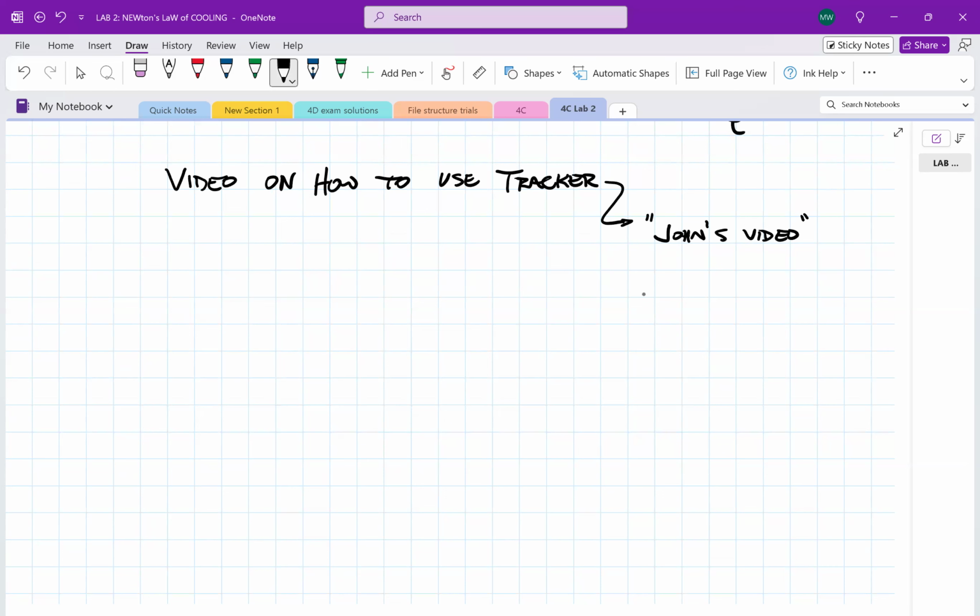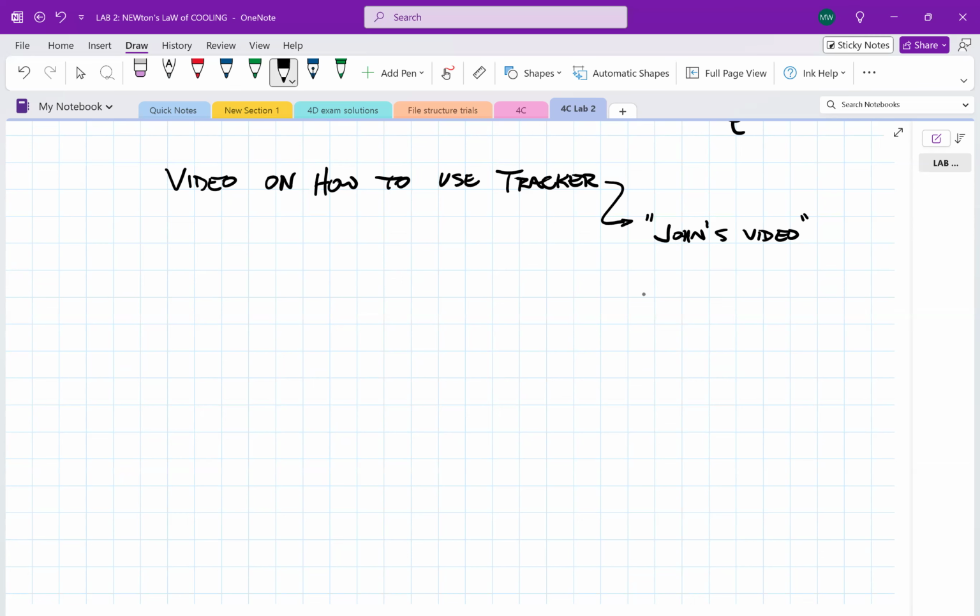He goes through and shows you how to use Tracker and how to take the measurements. It's only about 7 minutes, so please make sure you watch that on how to use your video and get the data out of it.